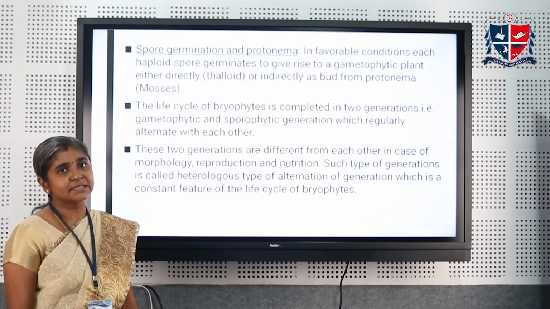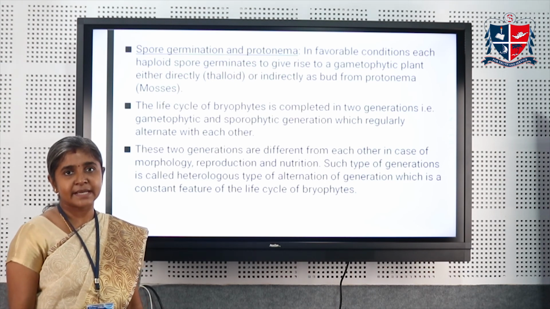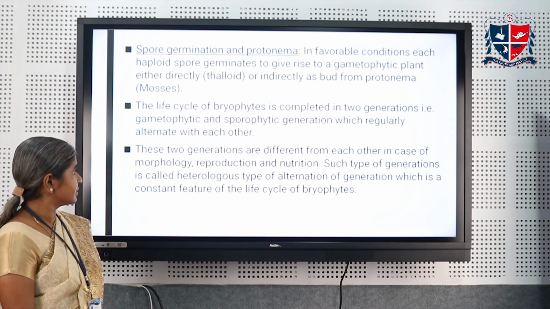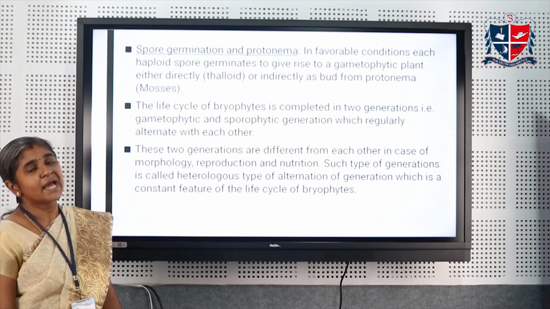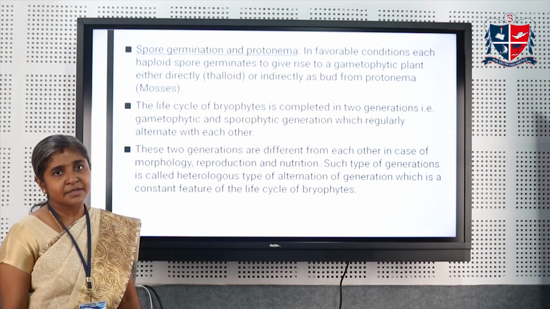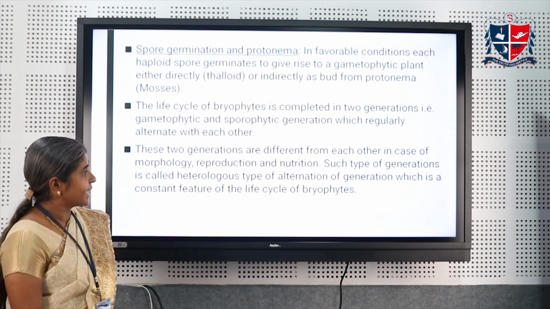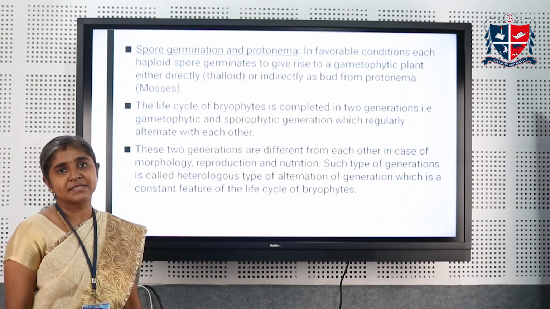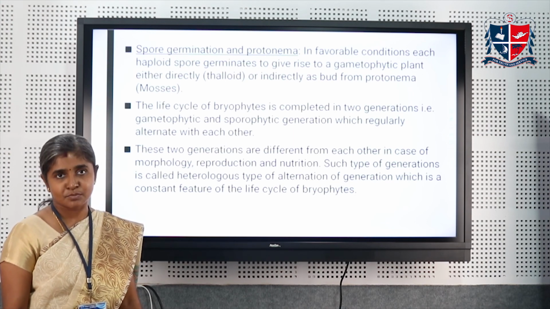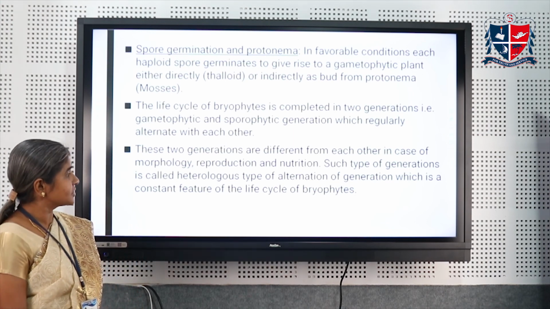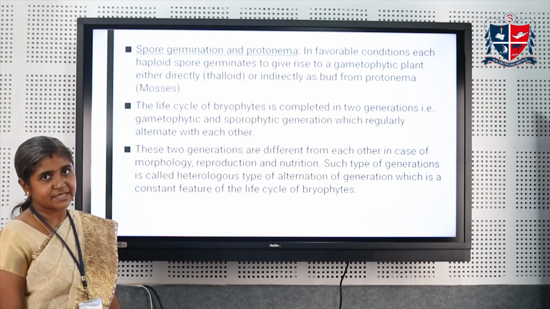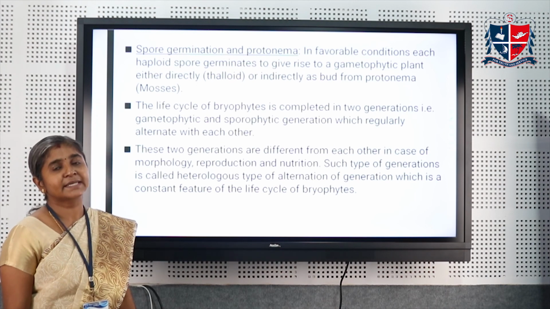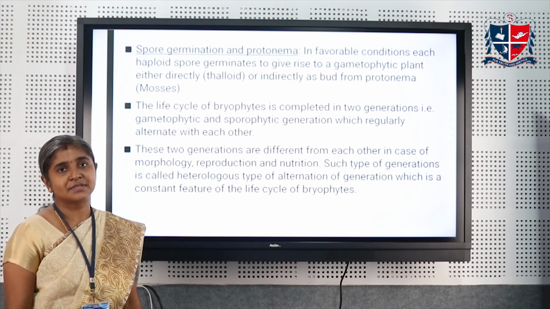The two generations are different in their appearance, in their nutrition modes, and also the reproductive method. And such type of generation where the gametophyte is distinct from the sporophyte is called heterologous type of alternation of generation, and it is a constant feature that can be seen in bryophytes.